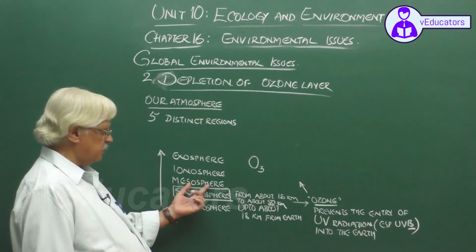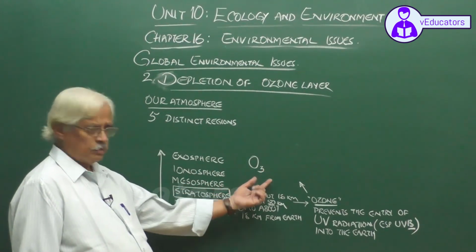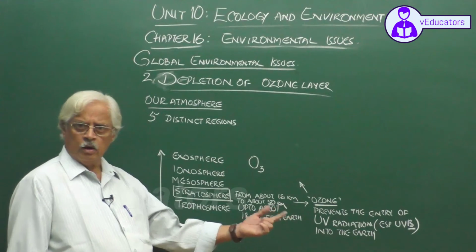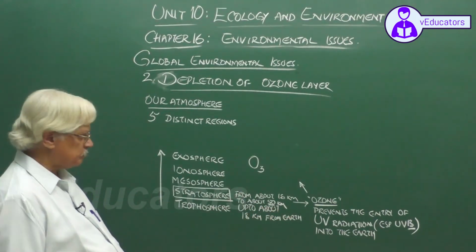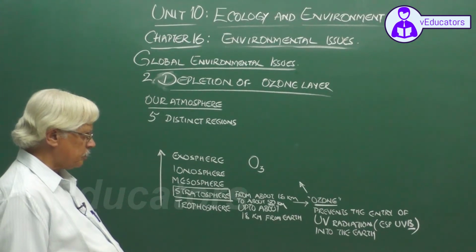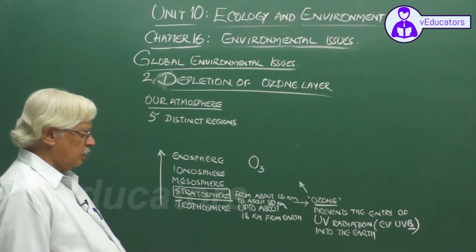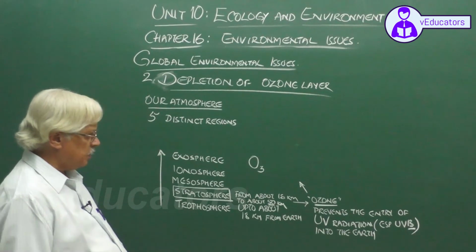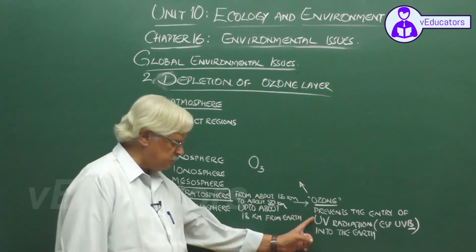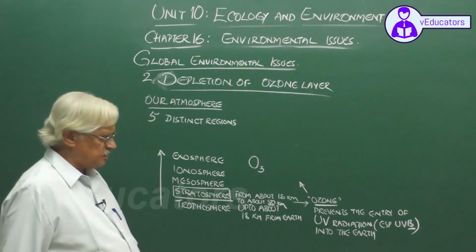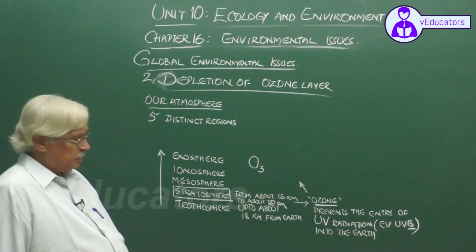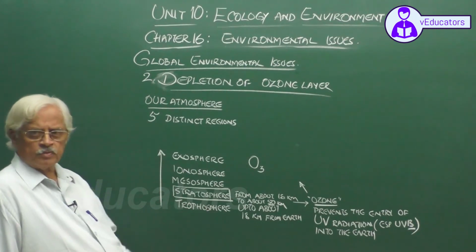So in the stratosphere, ozone is formed from oxygen in a natural process. Therefore, it is a protective layer which prevents the entry of harmful ultraviolet radiation, especially ultraviolet B radiation, into the earth.